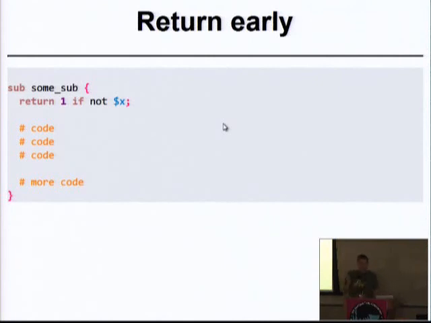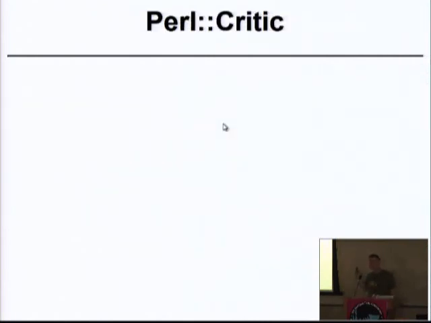But if you paid attention, many of these that I've mentioned, even the complexity of a subroutine, not necessarily the length but the complexity, taking into account also the number of if statements and so on, are all policies in Perl Critic. So basically, I can say that anything Perl Critic finds as a problem is something that could or should be refactored.